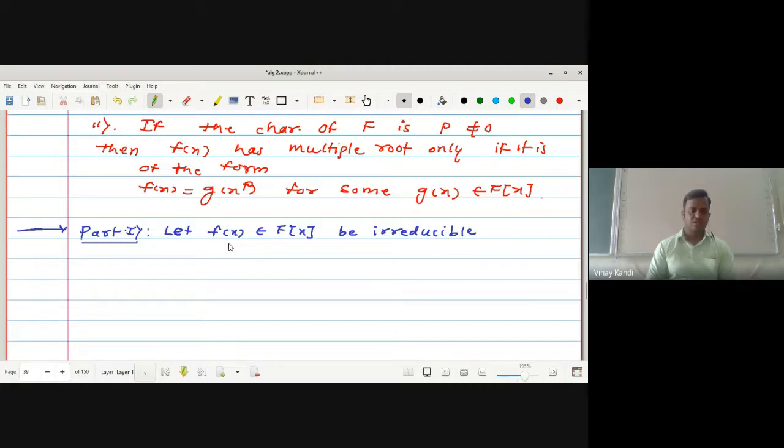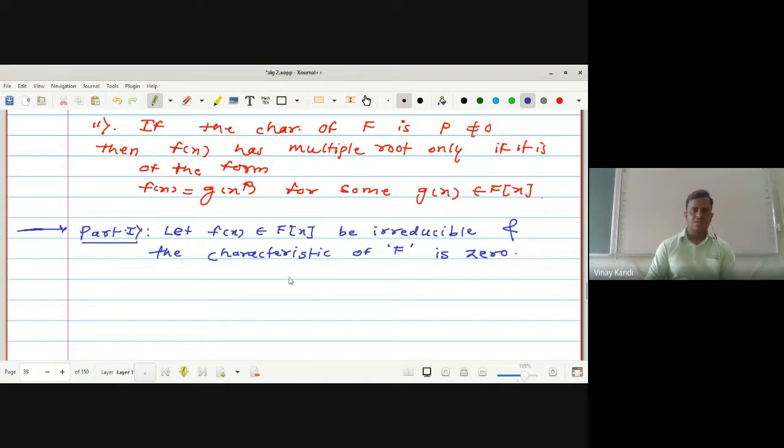So here, let f(x) belongs to F[x] be irreducible and the characteristic of the field F is 0.